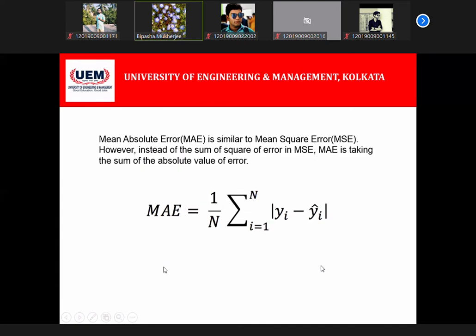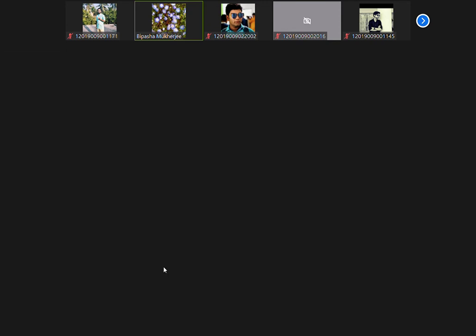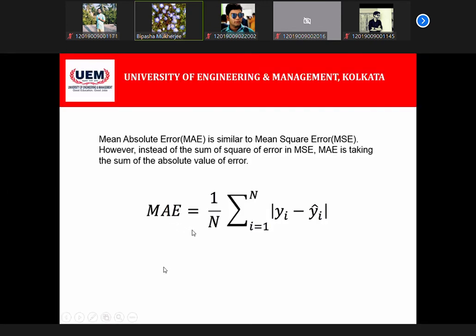Another method is absolute error, that is mean absolute error. Instead of squaring, you just take the absolute value of the error, then do the summation, then the average, and then you calculate the mean absolute error. Fine. So these are the concepts of error.